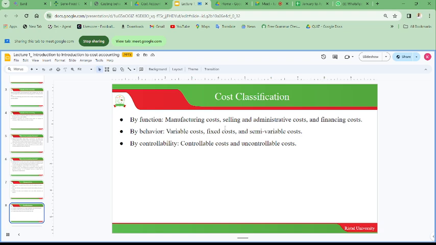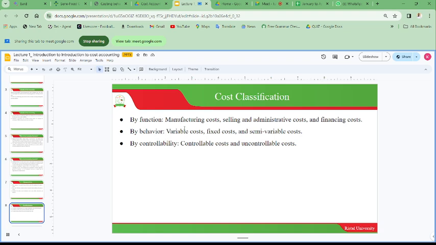So let's look at cost classification. We are going to classify the cost by function, by behavior, and by controllability. By function, it means a manufacturing cost. Under it, we have manufacturing costs, selling and administrative costs, and financing costs.